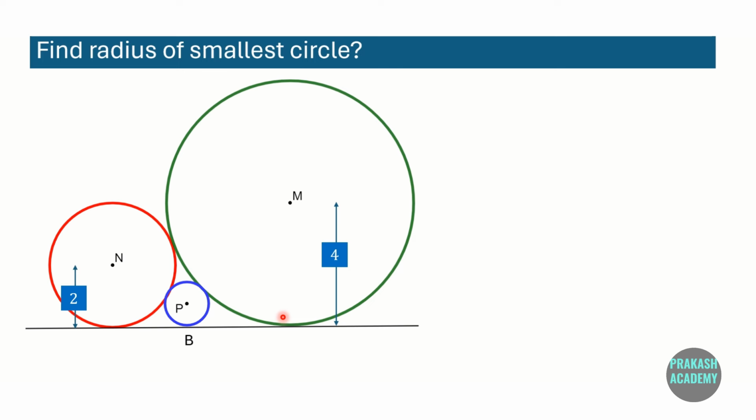Now to solve this problem, I will do some construction and I will use the Pythagoras theorem. So let us first draw perpendiculars, perpendicular PB and perpendicular MC. From point P, I will draw a perpendicular on this line. And similarly from point M, let us draw a perpendicular again on this tangent line.